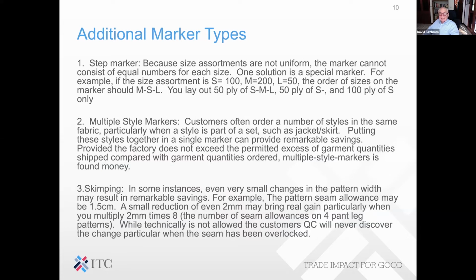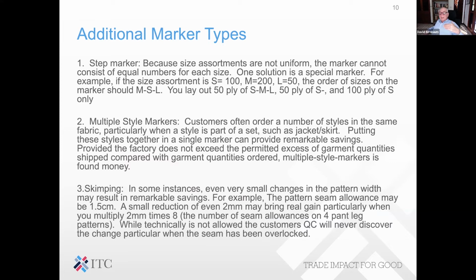Besides this, there are a wide range of other markers. There's what is called a step marker. A step marker is done with very expensive clothing. We take an example. You have a size assortment where you have 100 pieces of small, 200 pieces of medium, and 50 pieces of large.